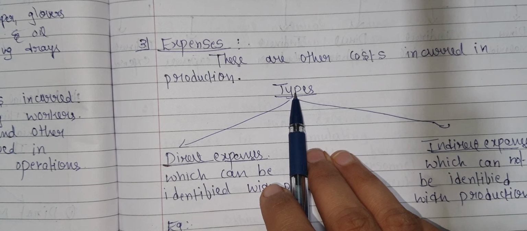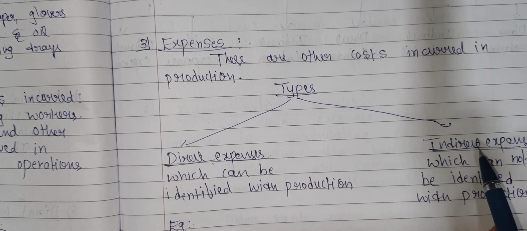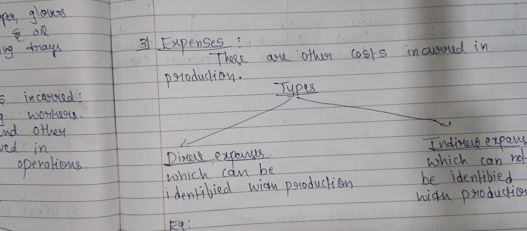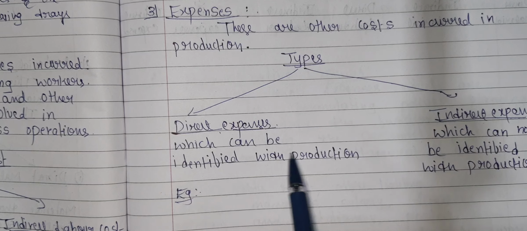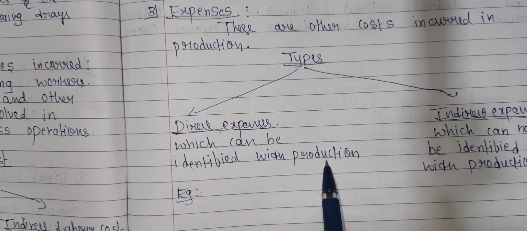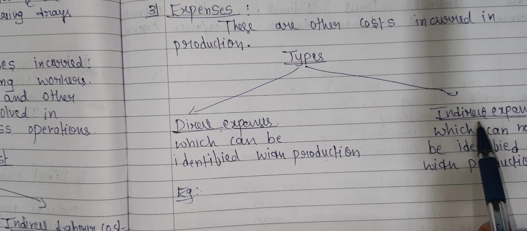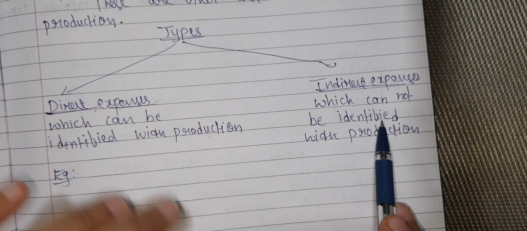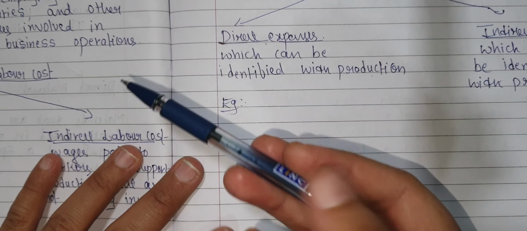In expenses also there are mainly two types: direct expenses and indirect expenses. Direct expenses are those which can be identified with the production, and indirect expenses are those which cannot be identified with the production.